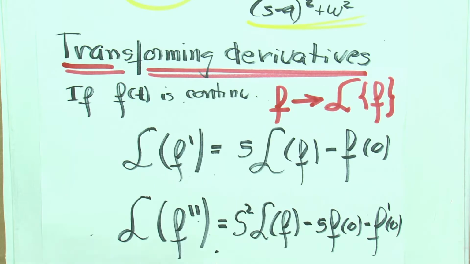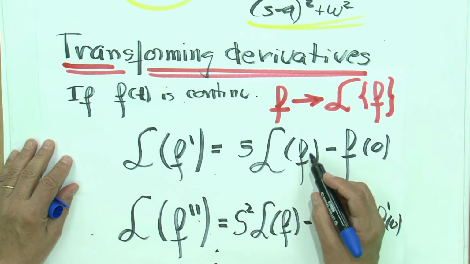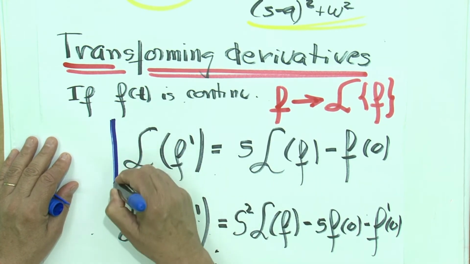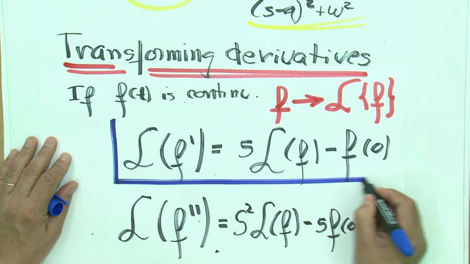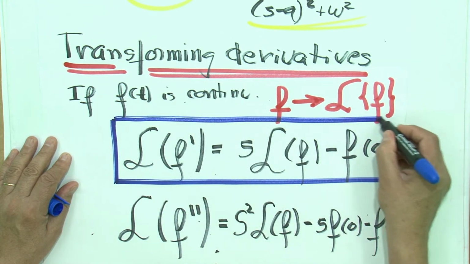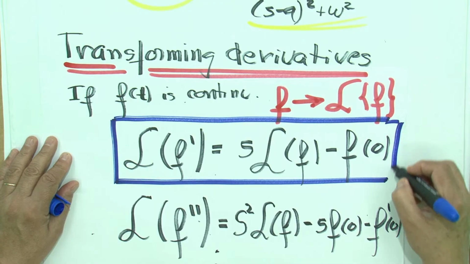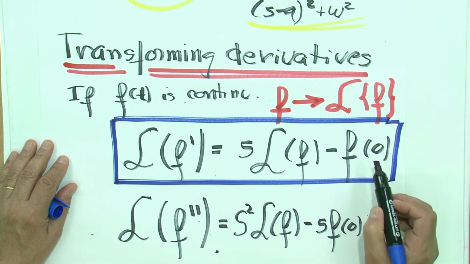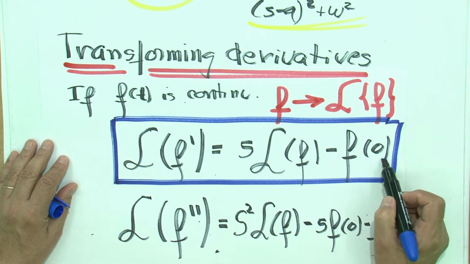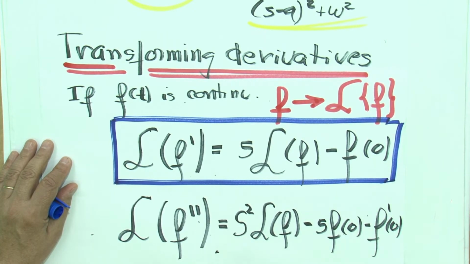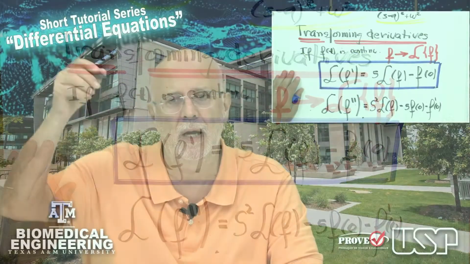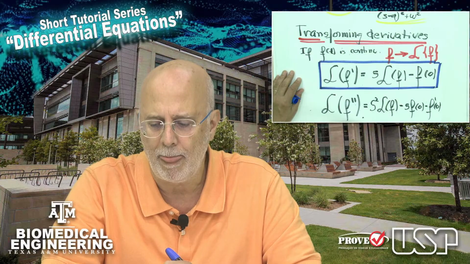And we can do the algebra. We don't have time here to do all of this. But if I know the Laplace transform of the function, the Laplace transform of the derivative is related to the Laplace transform of the function minus the value of the function at the lower limit of the integral, which is 0, because we start from 0 and go to infinity.